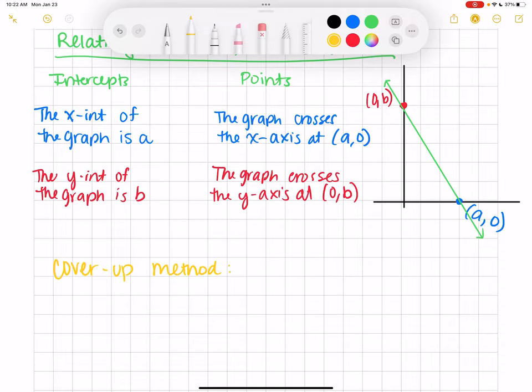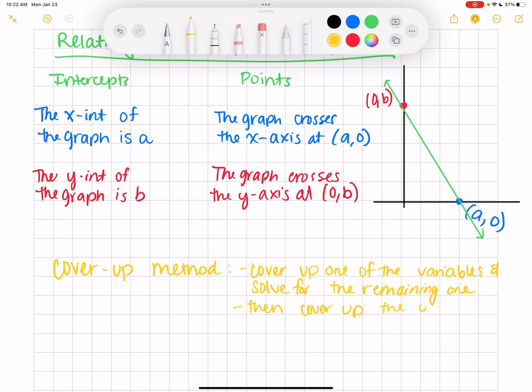So we cover up one of the variables and solve for the remaining one. Then cover up the other and solve for the first one.